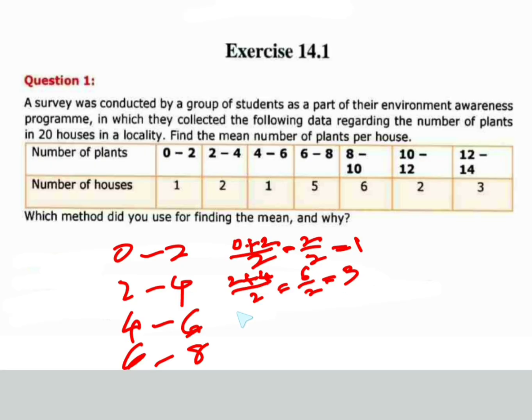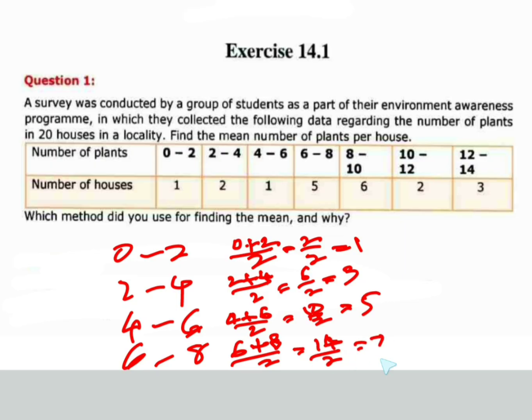The third one is 4 plus 6 by 2, that is 10 by 2 equal to 5. The fourth one is 6 plus 8 by 2, that is 14 by 2 equal to 7. These are the midpoints of the classes: 1, 3, 5, 7.